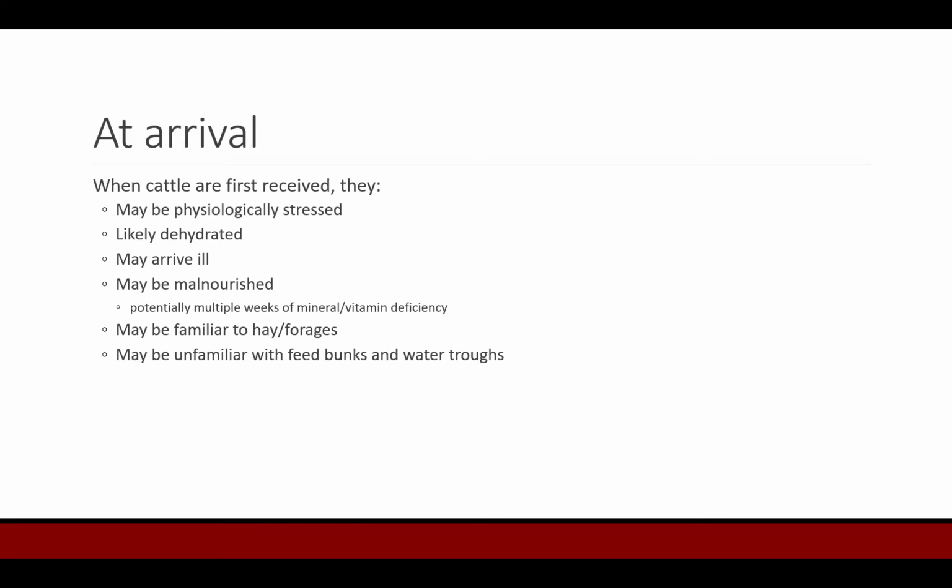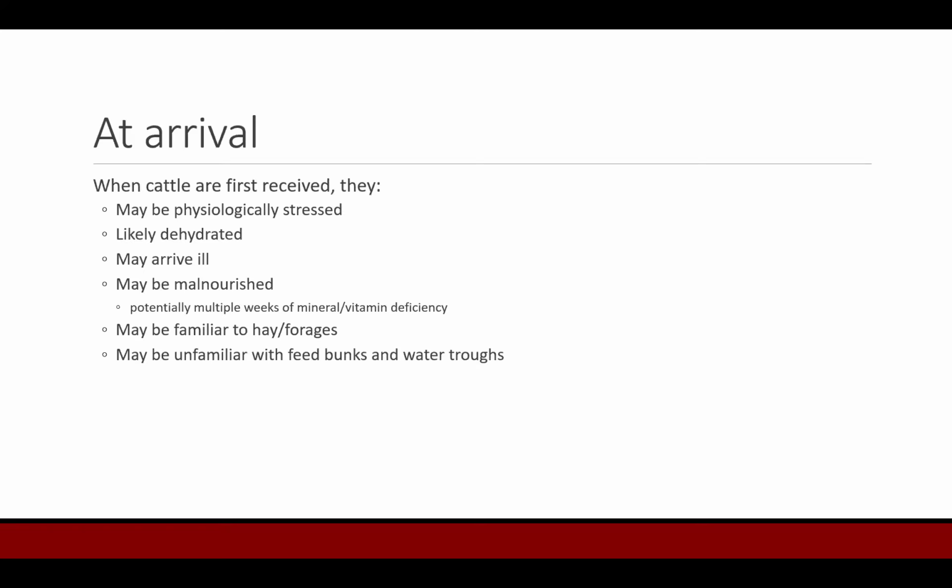So these cattle could be protein deficient, energy deficient, and quite often mineral deficient. If you hear people talk about stale cattle, that's what they're referring to. The big indication of stale cattle, or cattle that have been in an auction market for a long time, is poor coat color, clarity, and mud, which is largely driven by mineral malnutrition.